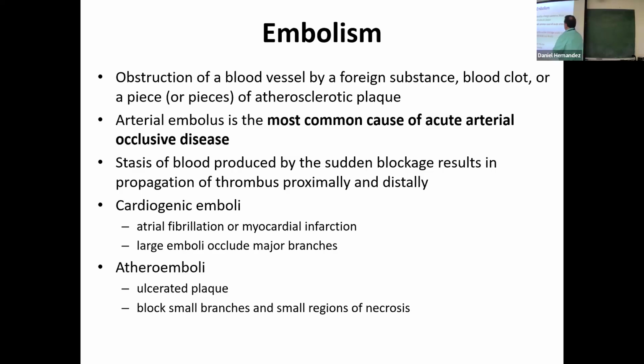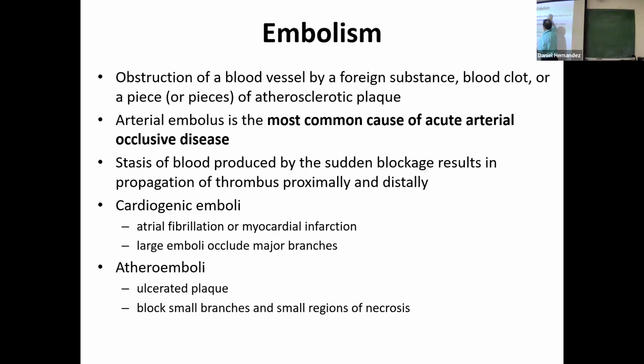So the term embolism now. Embolism is an obstruction of a blood vessel by a foreign substance, a blood clot, or pieces of atherosclerotic plaque. So those plaques that are developing in the arteries can actually break off, embolize, travel down the artery, and get lodged further distally in a smaller artery. So again, just keep that in mind.